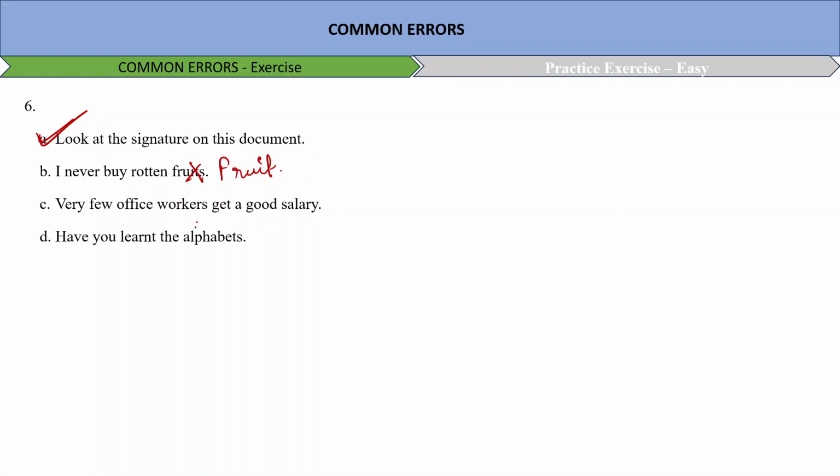Uncountable noun. Very few office workers get a good pay. Have you learned the alphabets? No. Have you learned the letters of the alphabet?